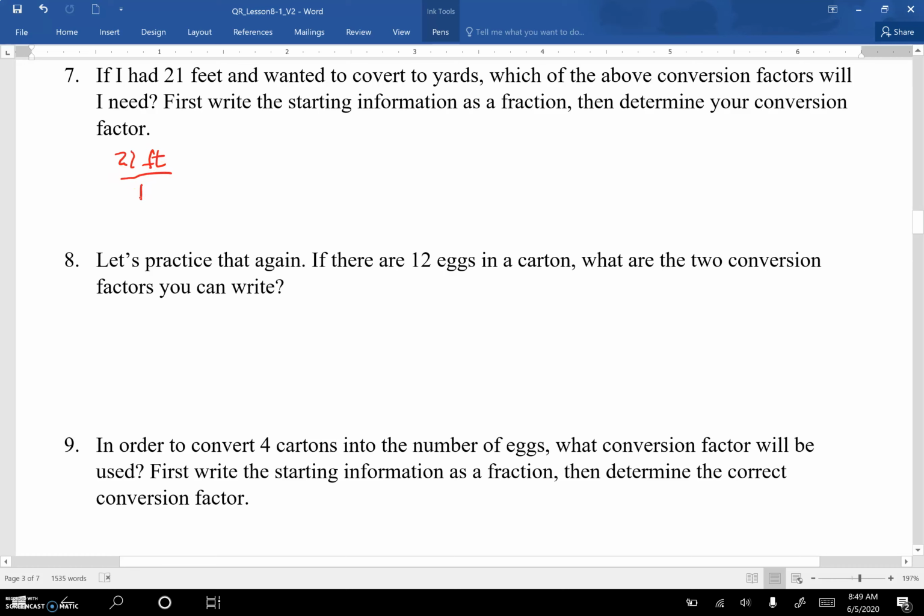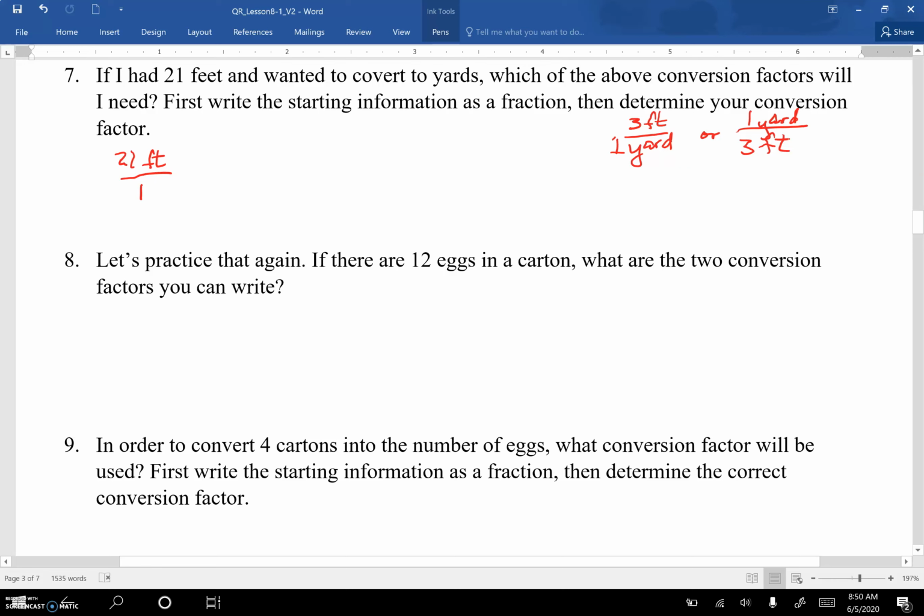And then our two conversion factors we had before were 3 feet over 1 yard, or 1 yard over 3 feet. Those were our two conversion factors that we made before.